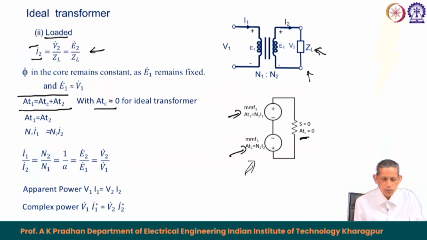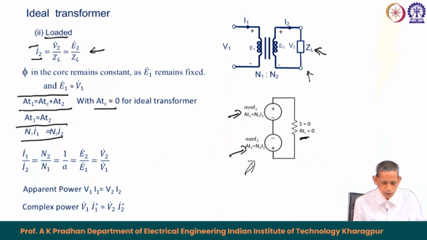Therefore, ampere turn 1 equals ampere turn 2 for the circuit. This results in N1 I1 phasor equals N2 I2 phasor, and therefore I1 phasor upon I2 phasor equals N2 by N1, and that equals 1 by A, the turns ratio of the transformer.